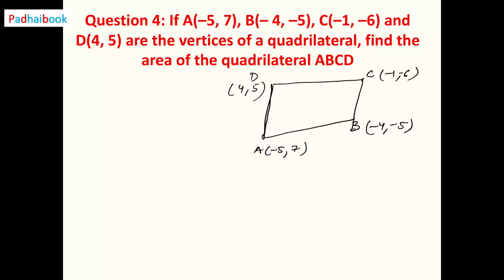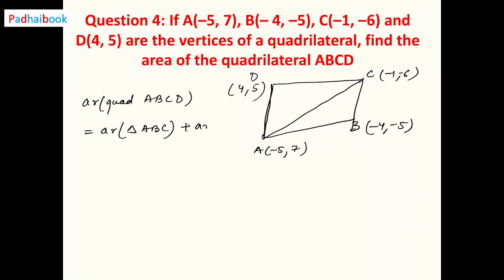What I will do is join one of the diagonals. Right. So a simple way: the area of the quadrilateral ABCD, which I have divided into two triangles, will be equal to the area of the triangle ABC plus the area of the triangle ACD. Right. So this is the way we can find the area of the quadrilateral.